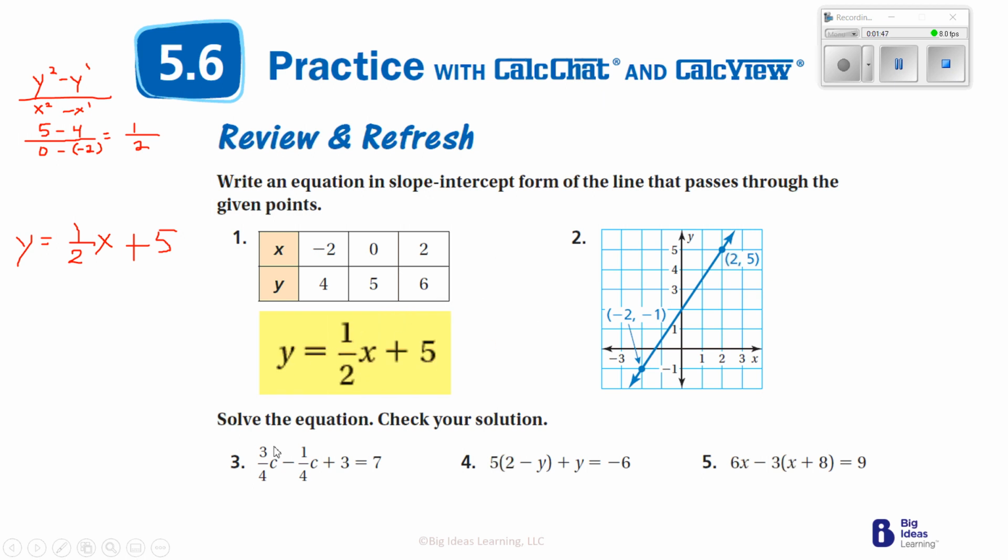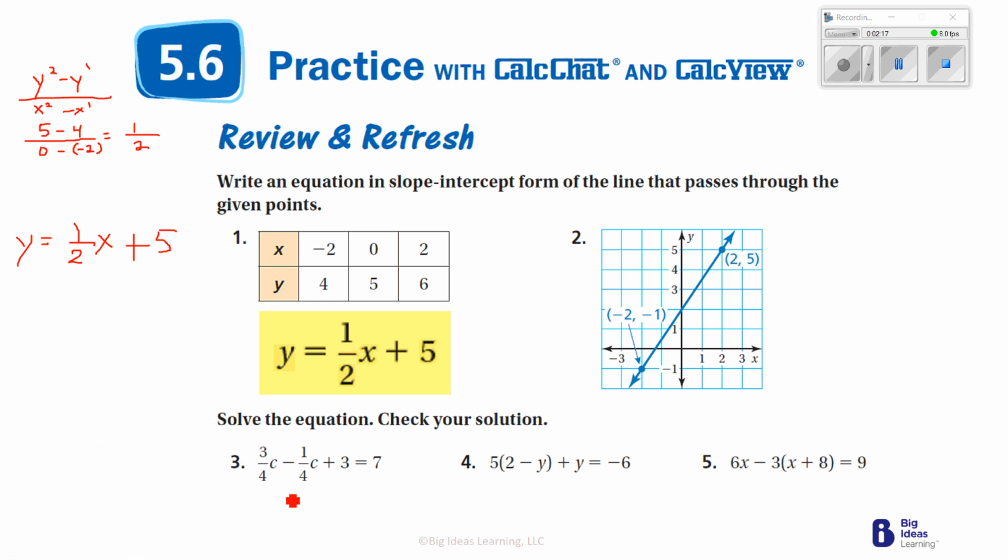All right, let's go to number 3. Solve the equation. Check your solution. I have 3/4 c minus 1/4 c. That's going to leave 2/4 c, which is 1/2 c. And then we're going to have to subtract 3 from this side, which means we'll subtract 3 from the other side.